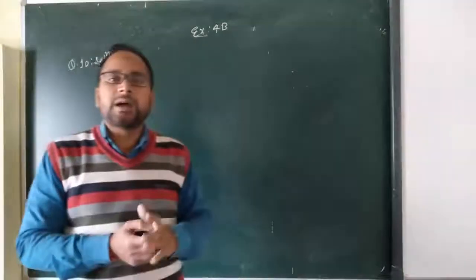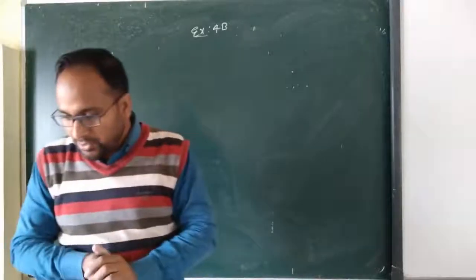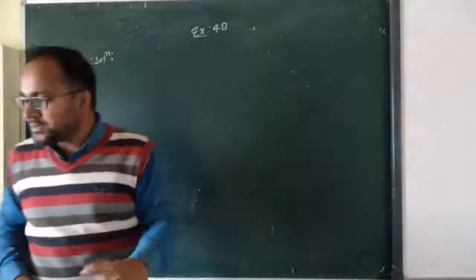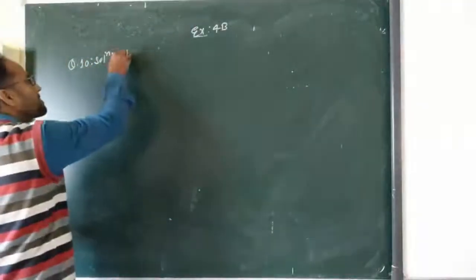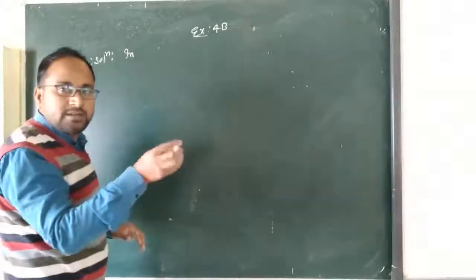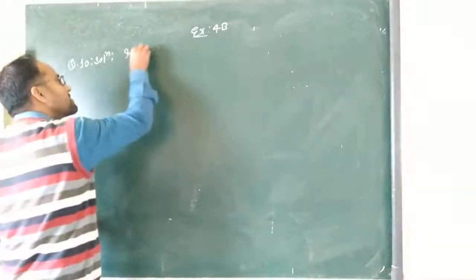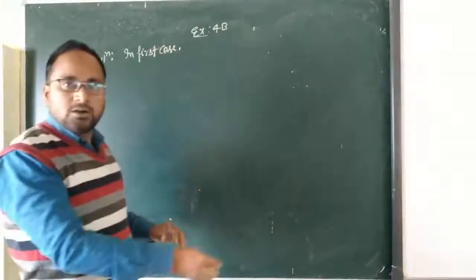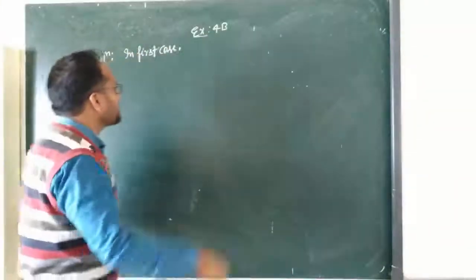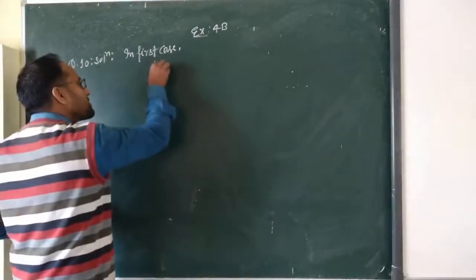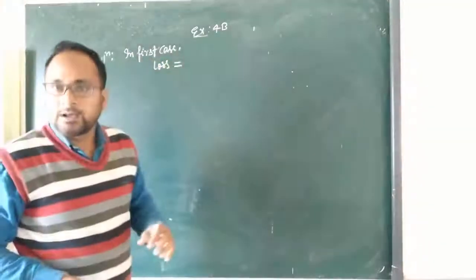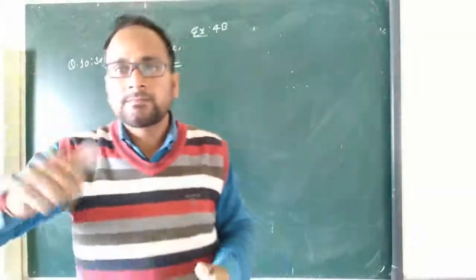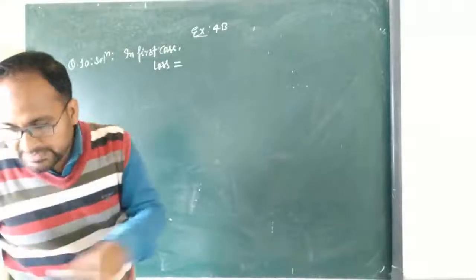So first our aim is to find the cost price of the article. Whatever is given, first we write it. In the first case, loss is given: loss percent is 10%.